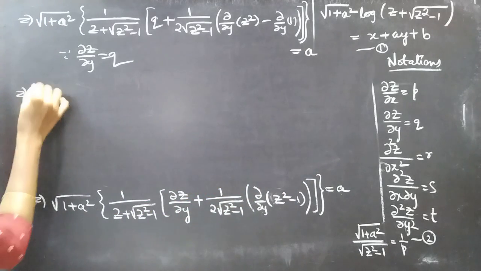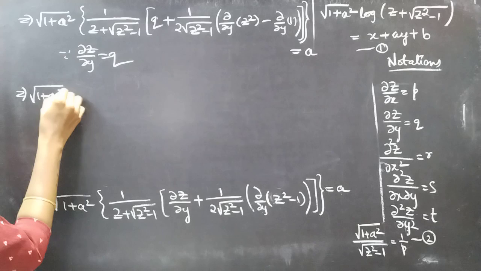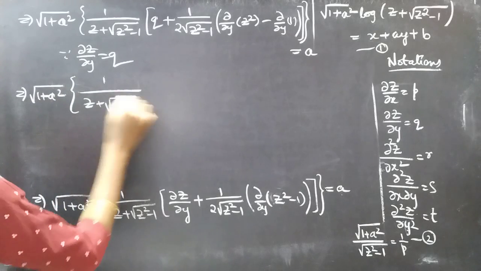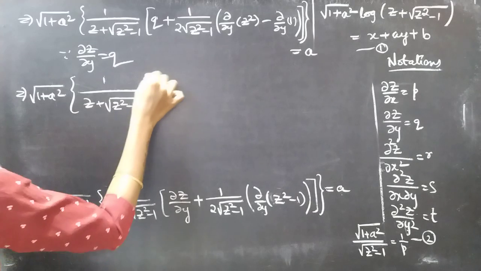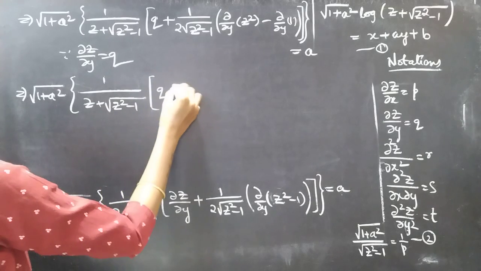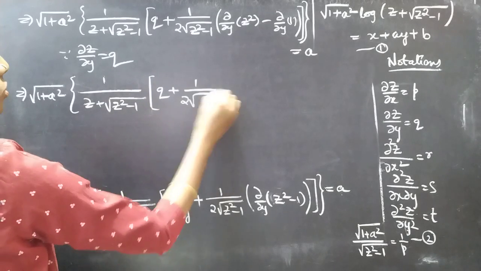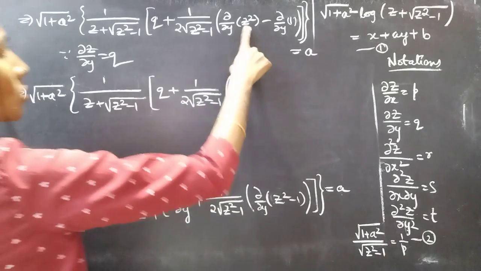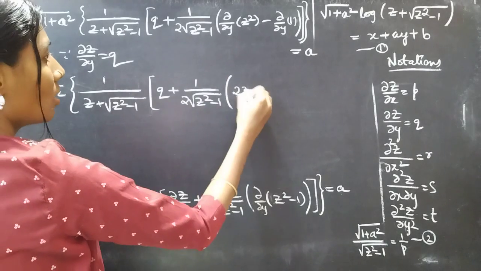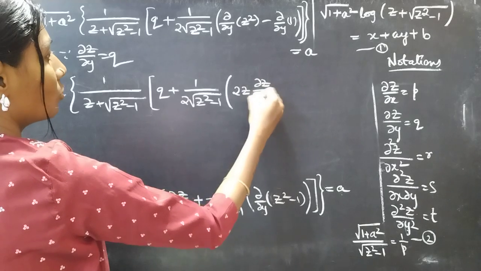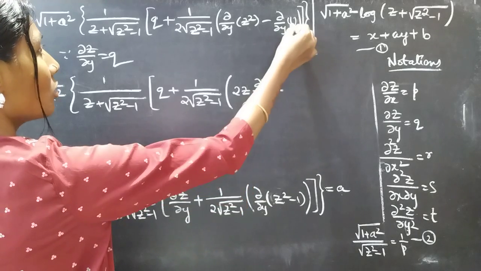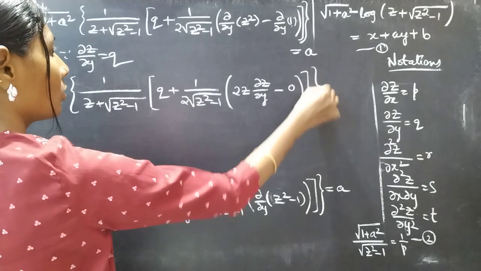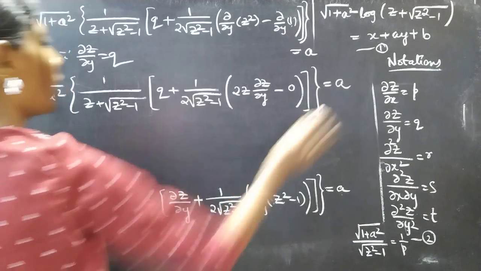This gives us square root of 1 plus a square into 1 by z plus square root of z square minus 1 into q plus 1 by 2 into square root of z square minus 1 into partial derivative of z square with respect to y is 2z into dou z by dou y minus partial derivative of a constant with respect to y is 0 equal to a.